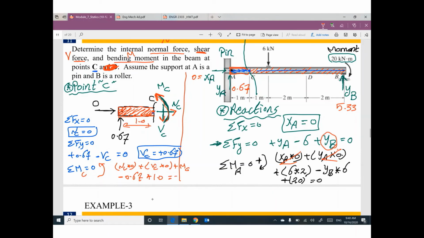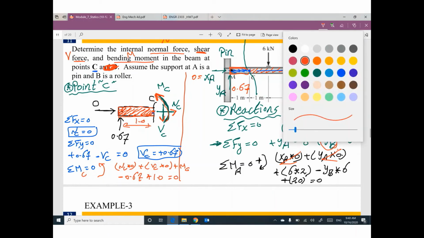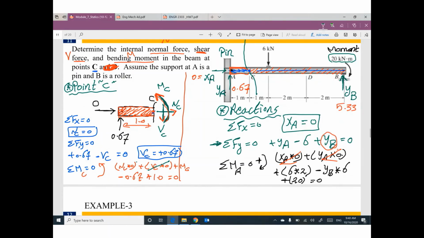The only unknown is MC, because these terms will be cancelled, so I can figure it out: positive 0.67. So finally, I am done with the internal forces, normal, shear, and the moment at point what? C.